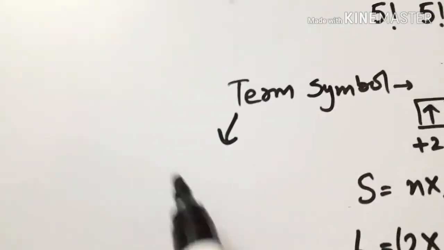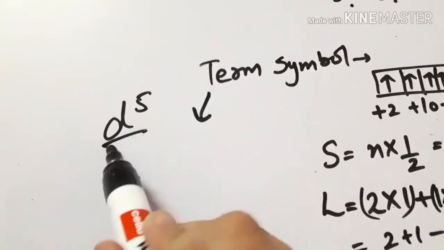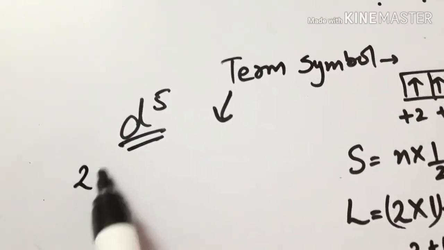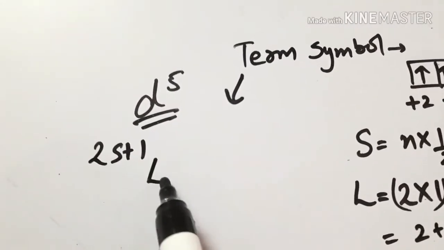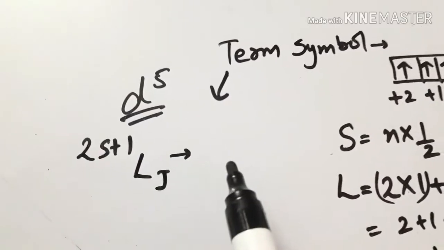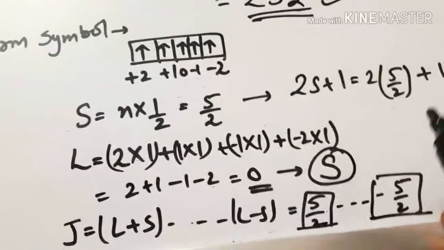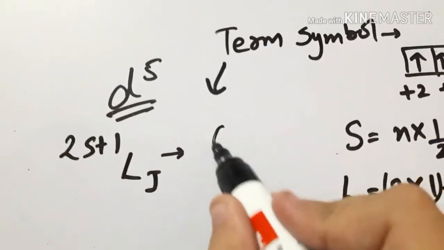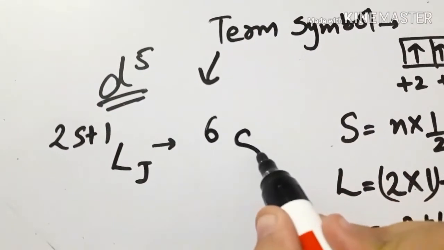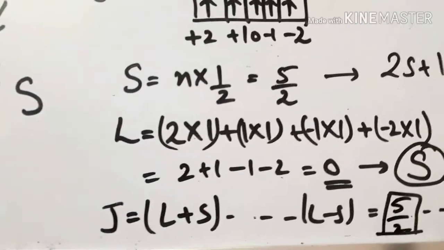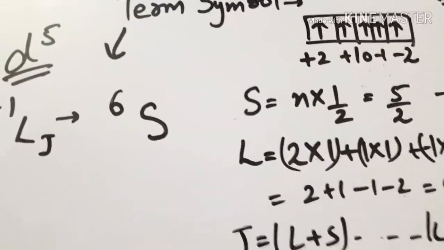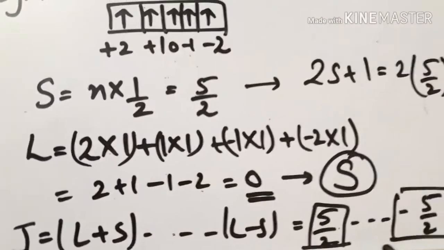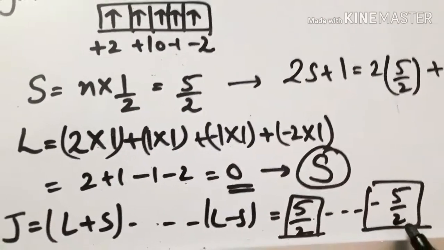Now the term symbol for D5 can be written as 2S plus 1 L J. Here the value of 2S plus 1 is 6. So we will write 6 and L is S as we have found. And we have two values of J, that is 5 by 2 and minus 5 by 2.